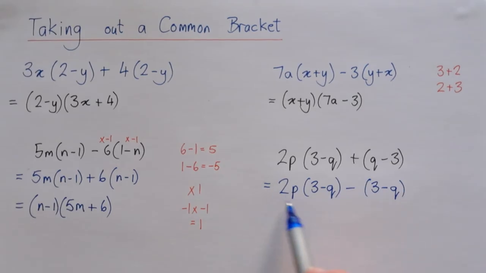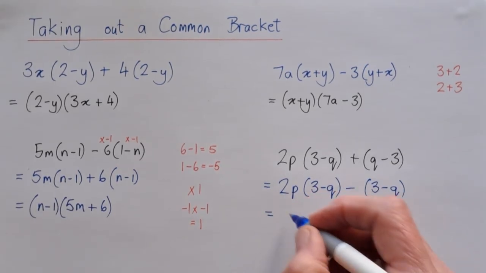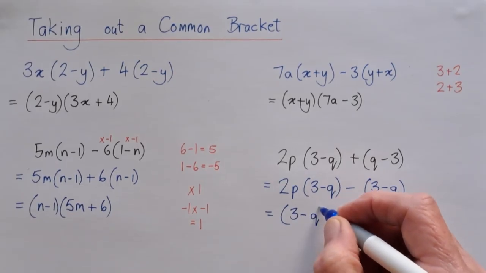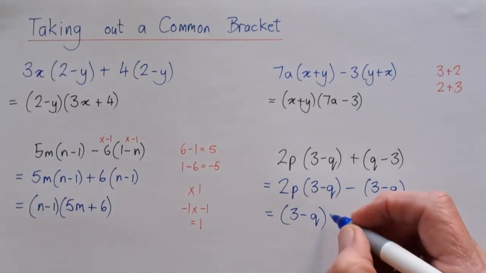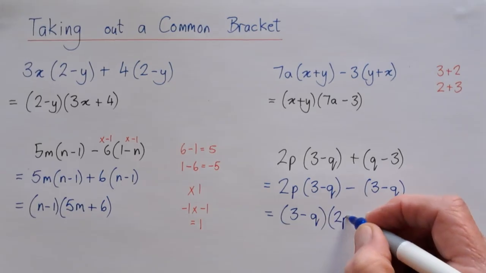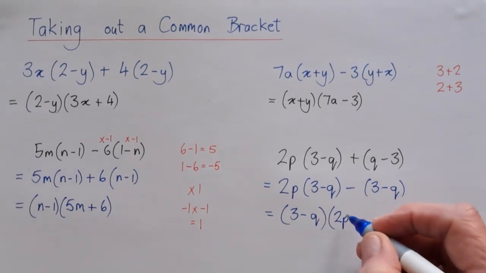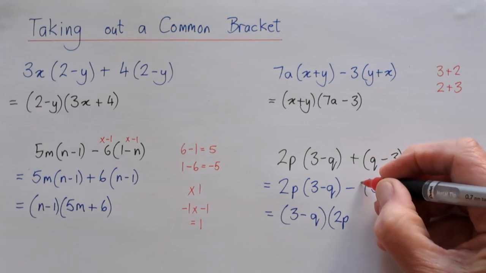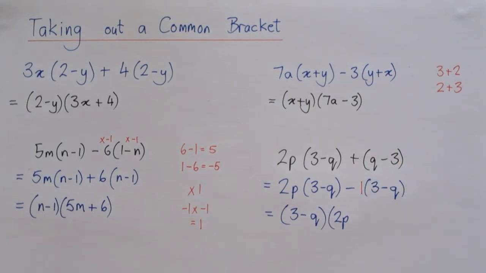So now we have got two terms with a bracket each that's the same. So I take out that common bracket. From our first term, I'm left with 2p. And then a lot of people will close their bracket there. So you've got to be very careful and realize that when there's negative a bracket, it actually means negative 1 times the bracket.